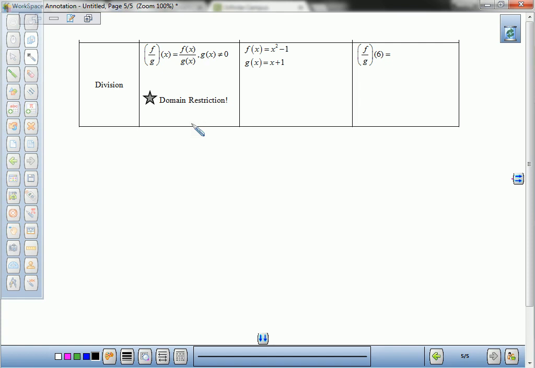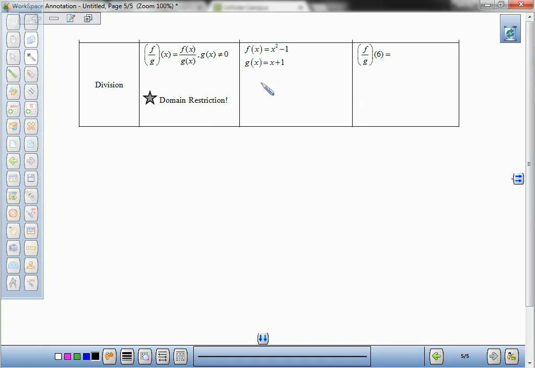Because if the denominator is 0, then that fraction is undefined. Division by 0 is undefined. So here, when we write it as division, we have to be careful because that denominator can never equal 0. And if it does, we have an undefined function. So with this one, that's what we have to look out for.